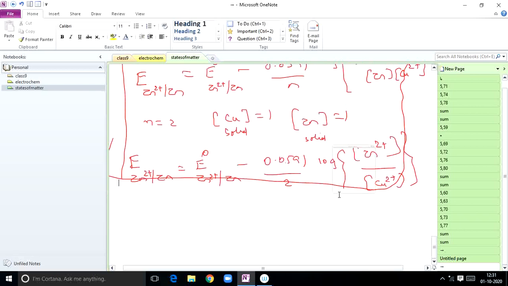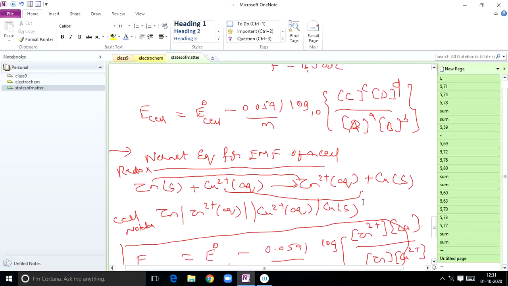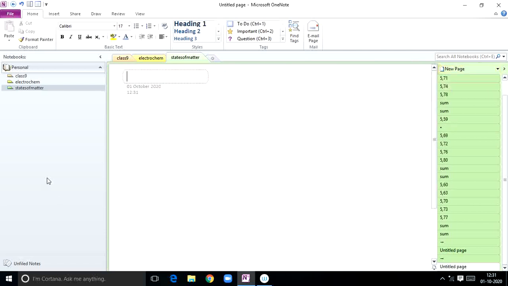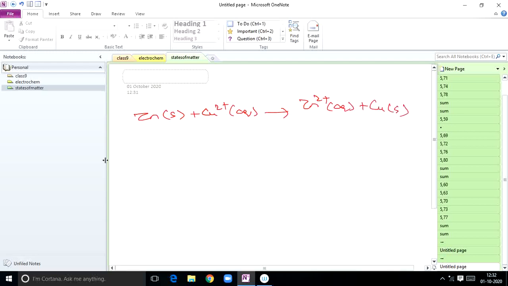Don't copy this. So first, the Nernst equation for EMF of a cell. Again I repeat. See here. Generally, first you have to consider a redox equation: Zn solid plus Cu2+ aqueous gives rise to Zn2+ aqueous plus Cu solid. First you take this equation. Apply it for the zinc electrode only.